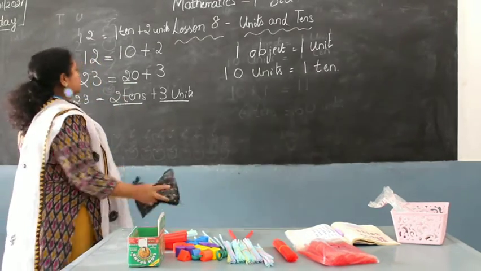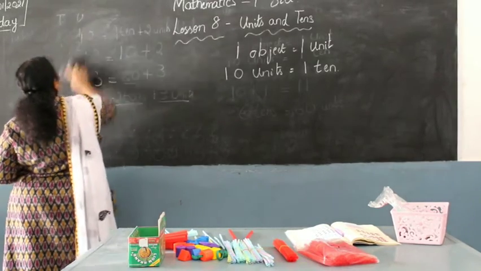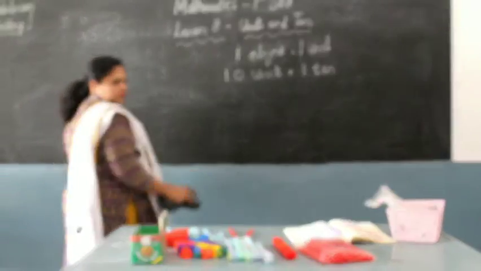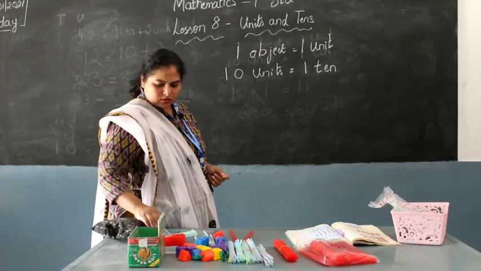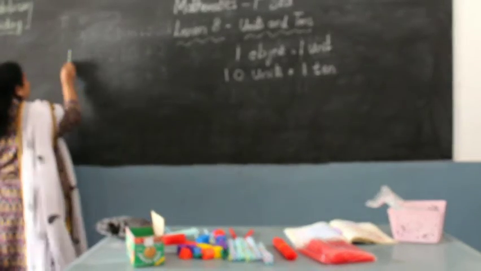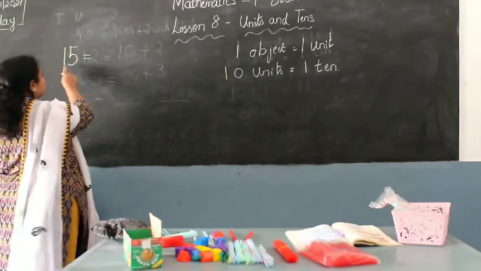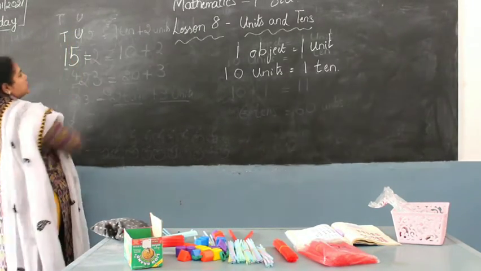Okay, so the next example, I want some beads. Now I want 15 beads. What will I do? I want 15 beads. So how will you write 15? How many tens do you have? This is your tens, this is your units.